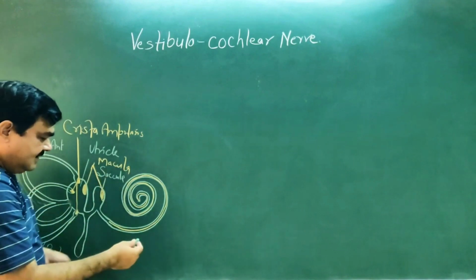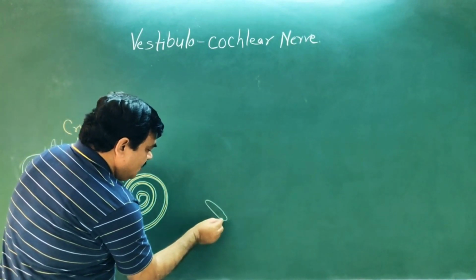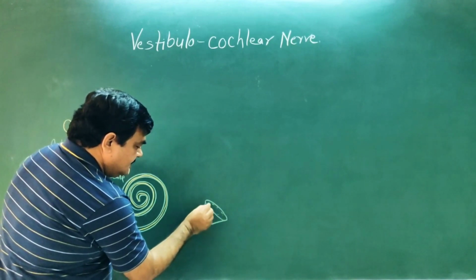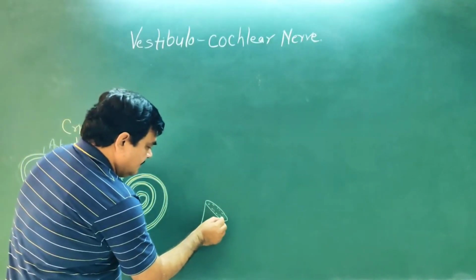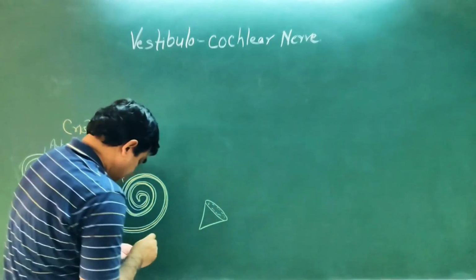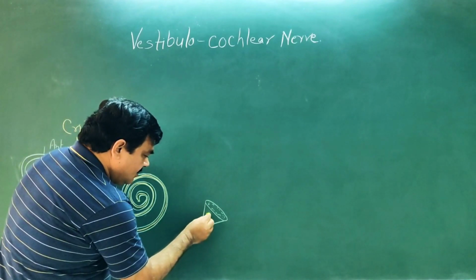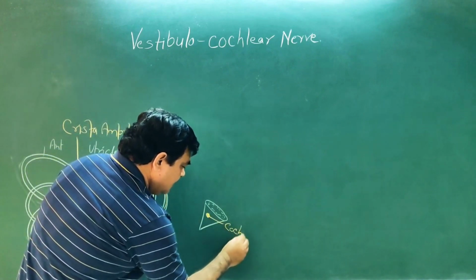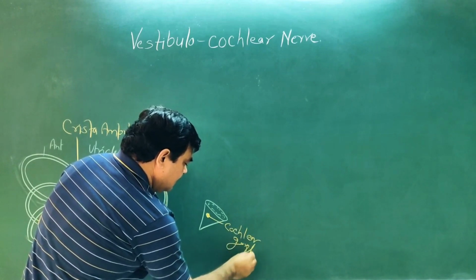If you cut a section of this, you can see here, this is cone-like modiolus. In modiolus, here the foramen is present. And here is position of cochlear ganglion.